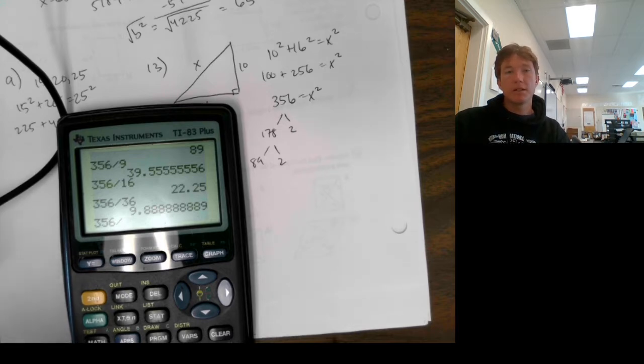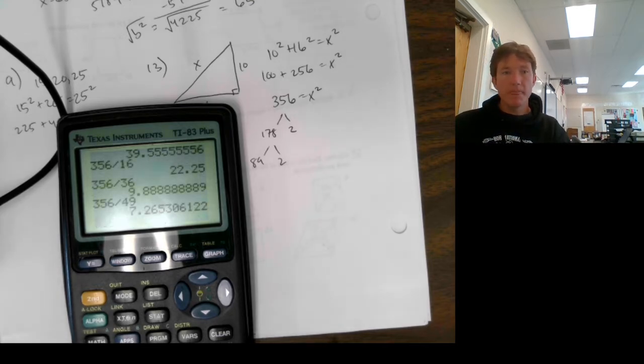I can already tell because 5 can only go into either a 5 or a 0. 6 squared is 36. That doesn't work. Let's try 7 squared. That's 49. That doesn't work. 8 squared is an even number. We can try that. That doesn't work.